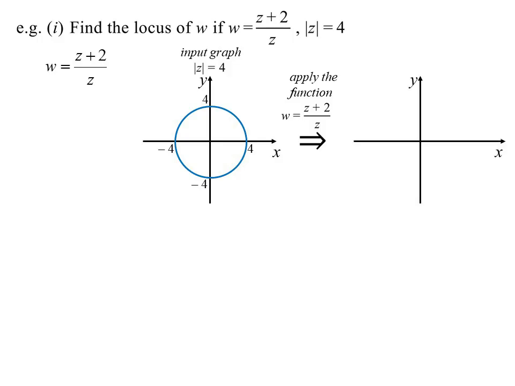So every point on that, we're going to substitute into this function, and we're going to get some new picture. Now here's our problem. When we were just dealing with real numbers, it was really easy. We inputted one value, usually an x, and we outputted one value, usually a y. And then we could just draw a nice picture on our two-dimensional plane. But now when you think about it, we are inputting two pieces of information, a real value and an imaginary value, and it's going to output two pieces of information, also a real and imaginary.